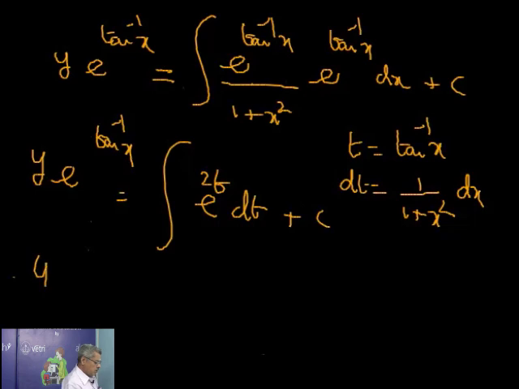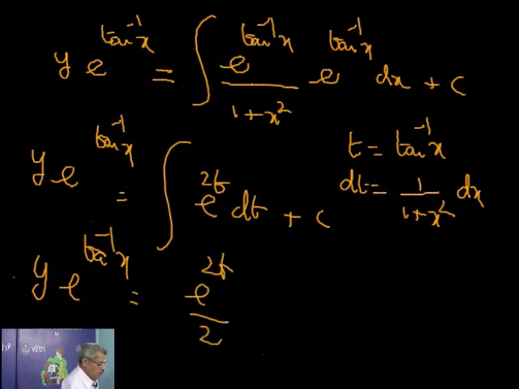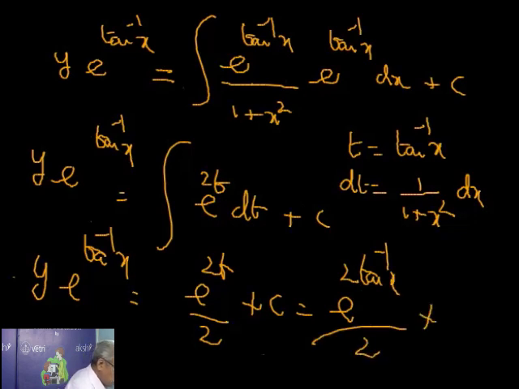That is y e power tan inverse x, integrating e power 2t, is e power 2t by 2 plus c, which is e power 2 times tan inverse x by 2 plus c.